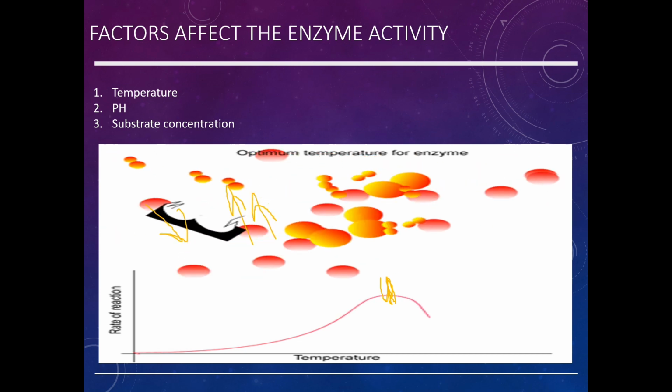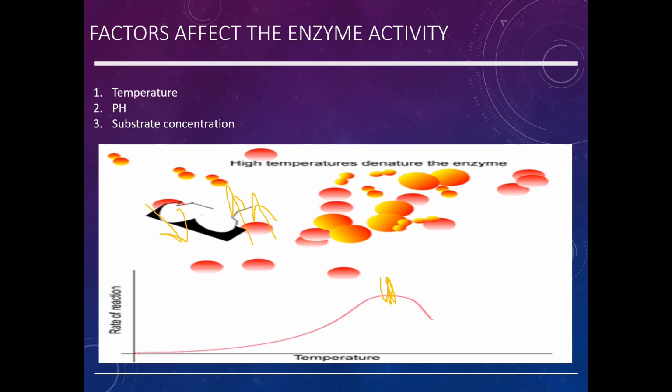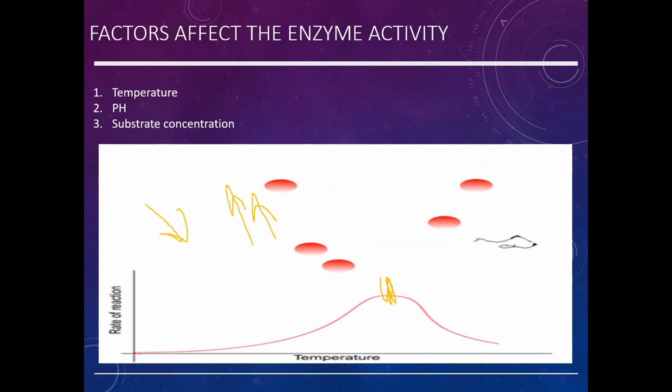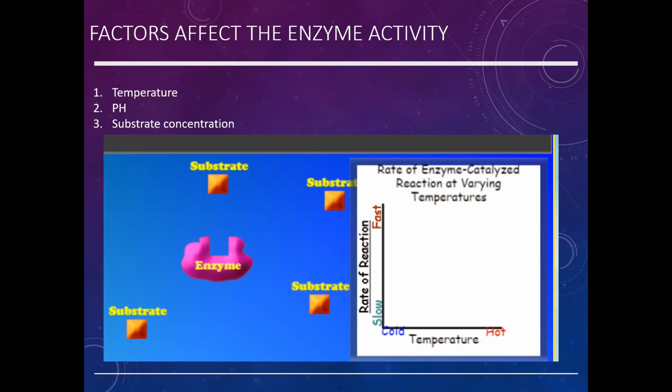Then it will start to decrease. Just think why. So let me help you. Here, with more temperature, the movement of the substrate will be more, the collisions will be more, and the probability of the substrate entering the active site will be more.